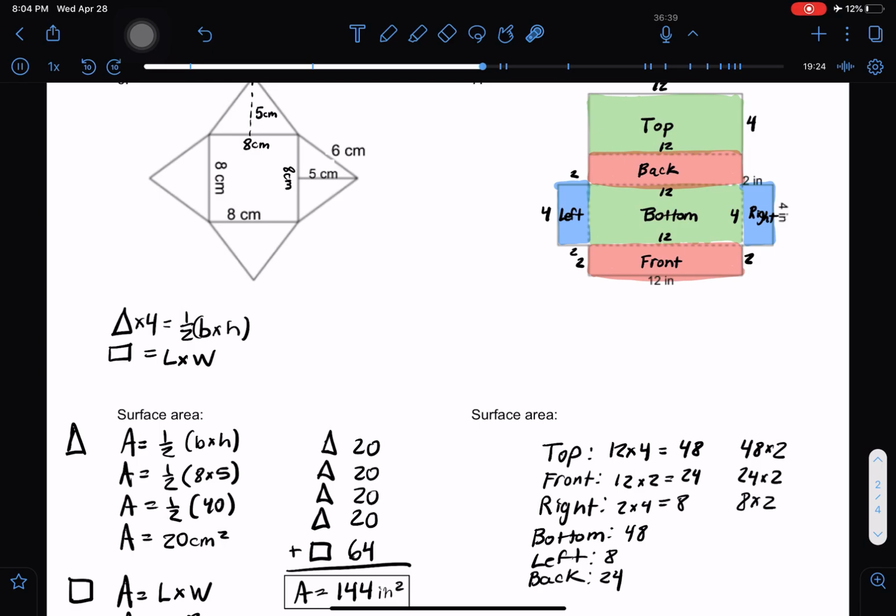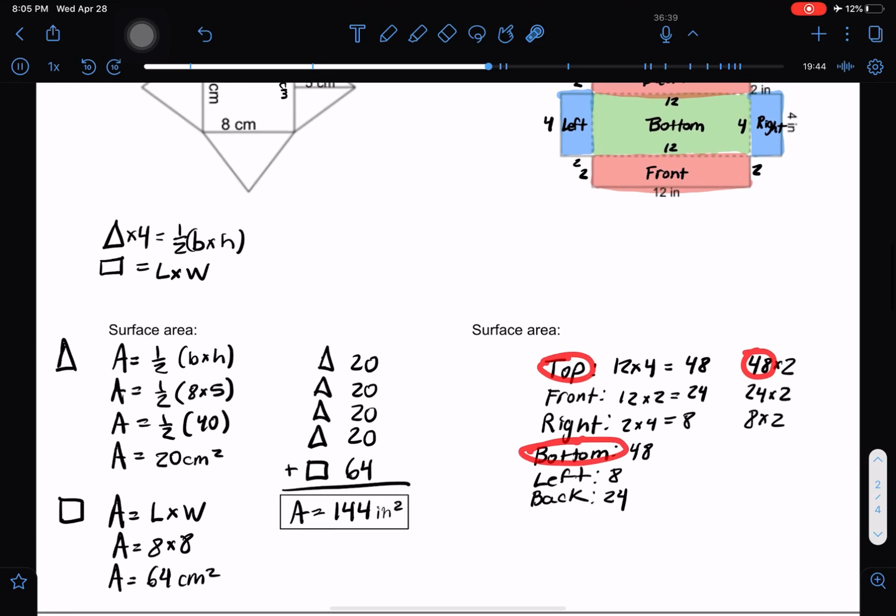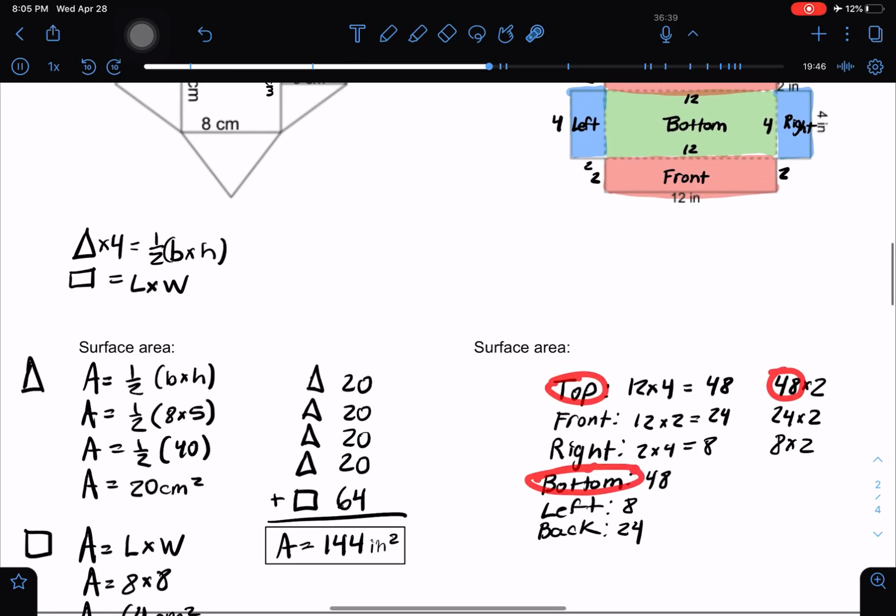This is representing our bottom and top. This is representing our front and back. And this is representing our left and right. So we can go ahead and highlight these. So again, this is our top and bottom. Oh, those are the wrong colors.